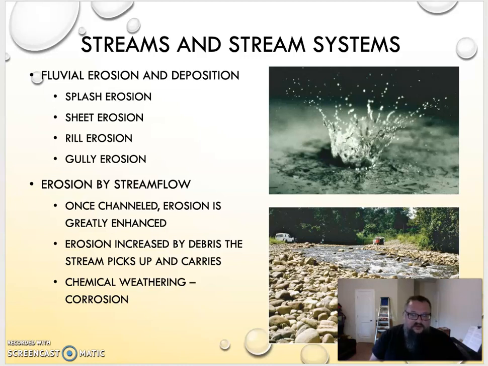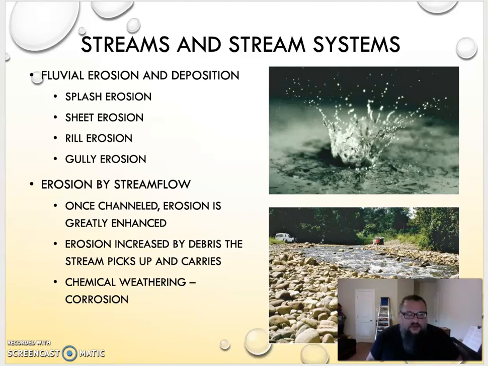When it does that, it's going to break up the ground a little bit. And as the ground is broken up, the water doesn't just break the ground up, but it also moves some of the weathered particles away. Okay, so we're not only weathering the soil, but we're also transporting the soil away.